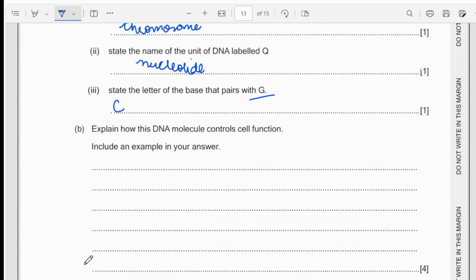Okay. Explain how DNA molecule controls cell function. Include an example. Correct. Okay.